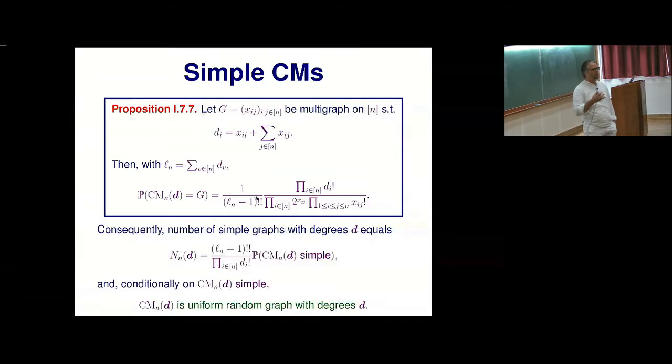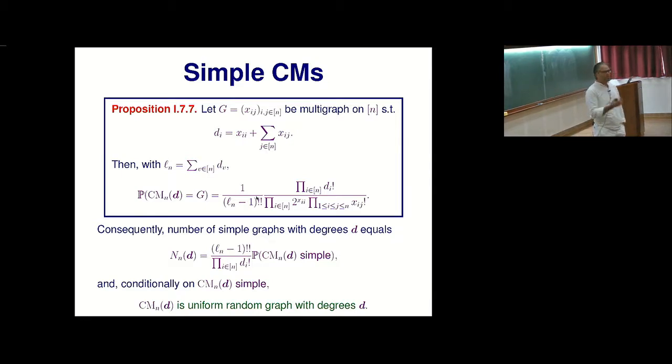So this is a one-to-one mapping. And what you should bear in mind is that we also take these values x_ii, that in simple graphs would always be 0, but these are the number of self-loops at a vertex i, and in this case, can actually be strictly positive.